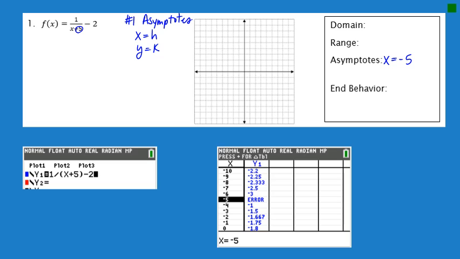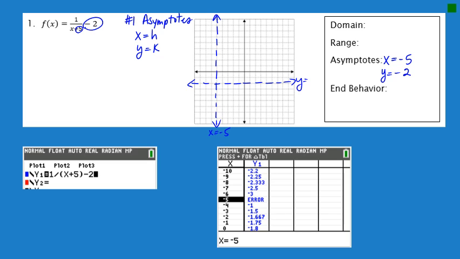And then for my k value, it's going to be the same sign as whatever k is, so y equals -2. So I'm going to go ahead and put those into my graph. So a vertical line at -5 through the x-axis, and then a horizontal line through -2 on the y-axis.